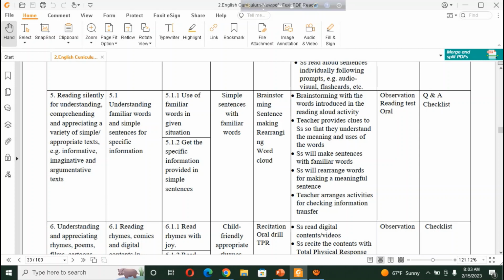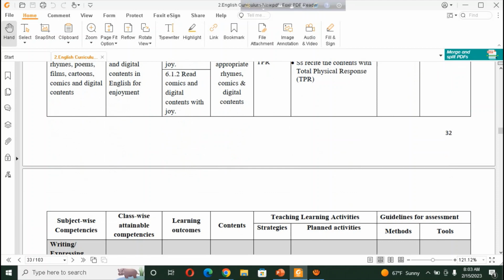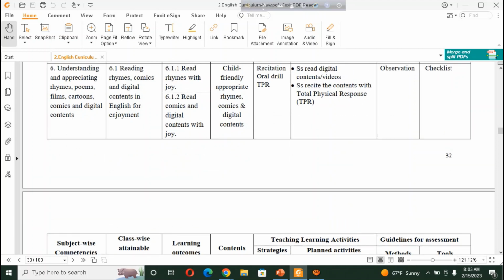For reading, number 5: use of familiar words in given situations; get the specific information provided in a simple sentence; understanding and appreciating rhymes, poems, films, cartoons, comics, and digital content.